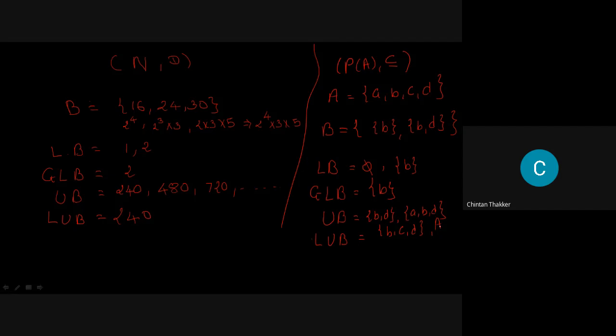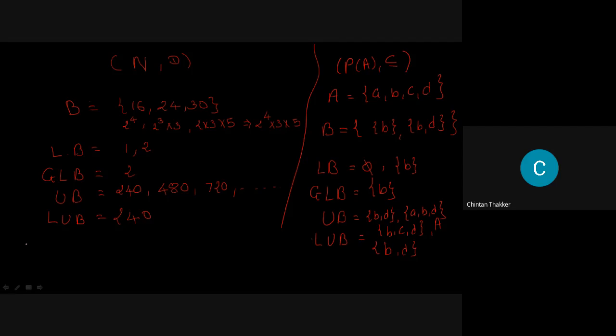So here the LUB is {b, d}. This way we can find the upper bound, lower bound, greatest lower bound and least upper bound.